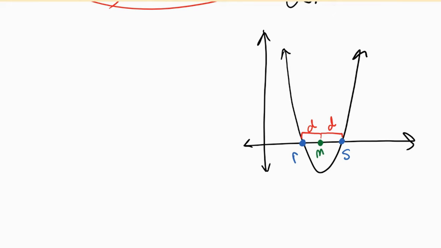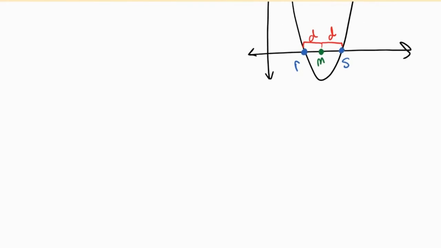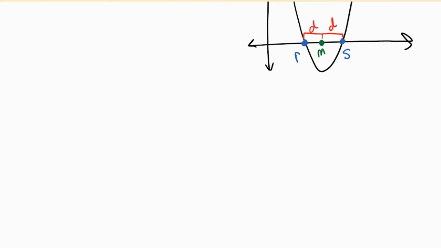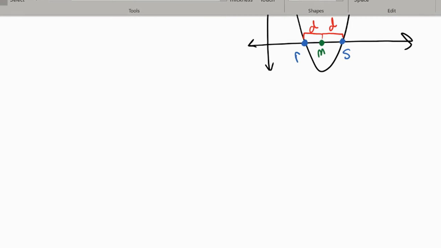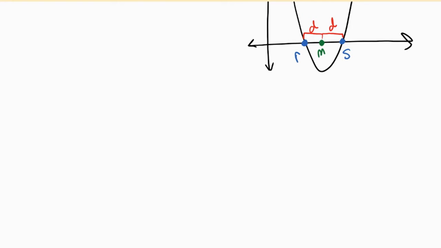And then starting from here, I want to represent algebraically what this function would look like in terms of the roots. So I know I could write that as x minus r times x minus s.